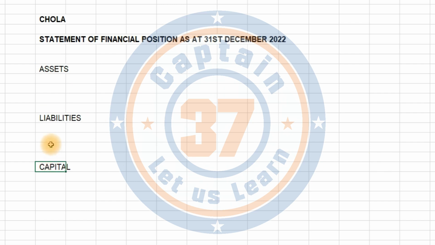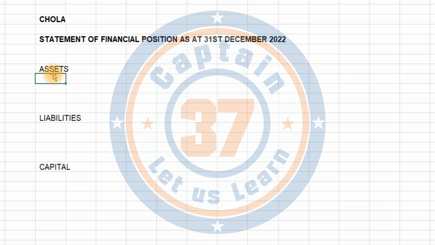The accounting equation is that assets is equal to liabilities plus capital. And you will see how that particular formula, so important, is going to be applied here for us to know and determine that all our entries are correct.